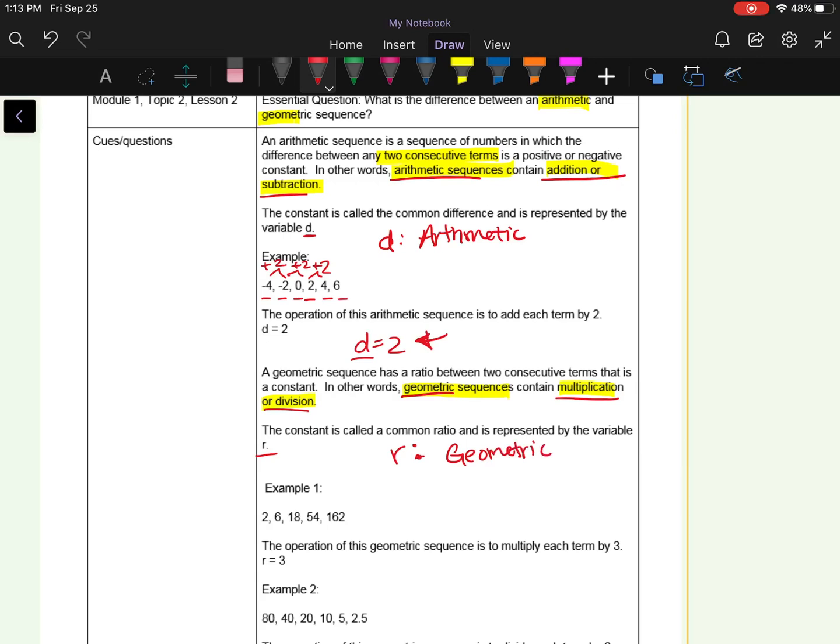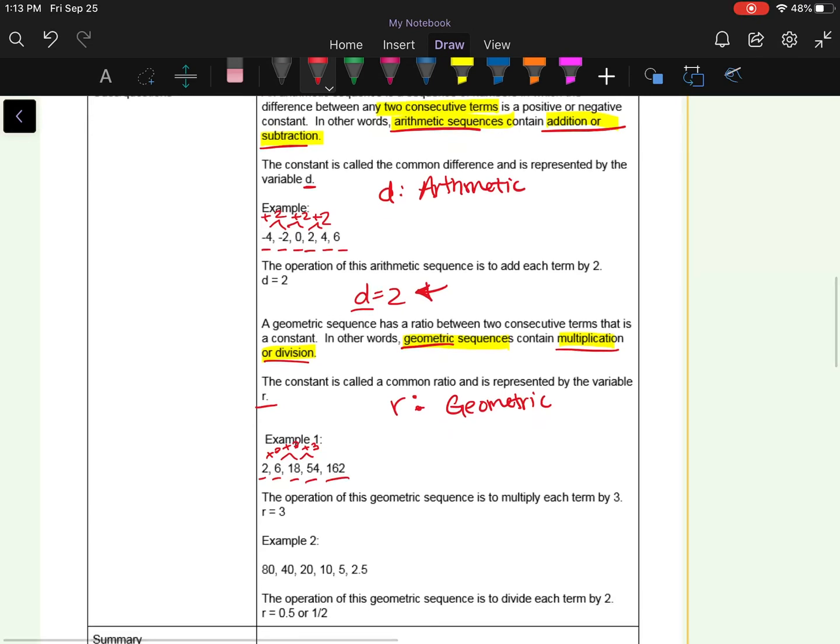Looking at this example, we have 2, 6, 18, 54, 162. Well, 2 times 3 equals 6, 6 times 3 equals 18, 18 times 3 equals 54. So we can see that this is, in fact, geometric.